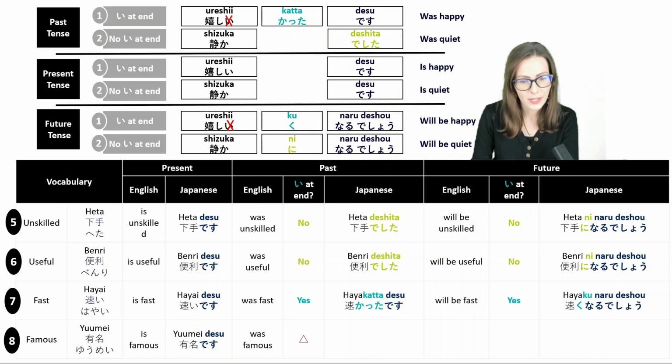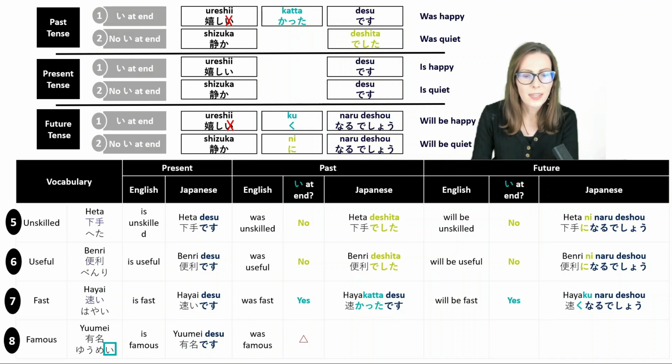And it does, right? However, this is one of the very rare exceptions where this rule doesn't work. Because even if 有名 has a hiragana I at the end, it would behave like an adjective that doesn't have a hiragana I at the end.